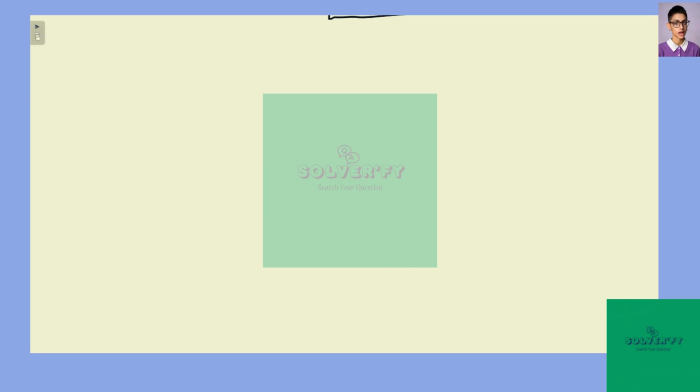So we can say that the given state is the 3p state.